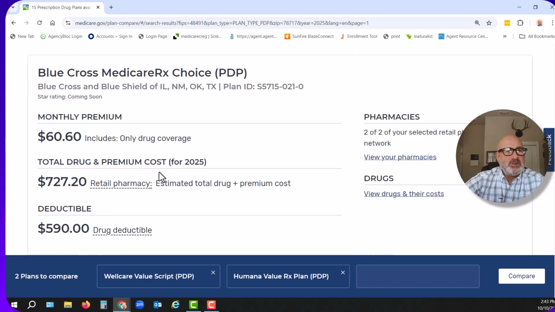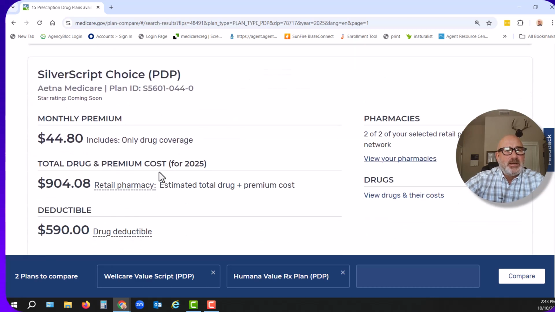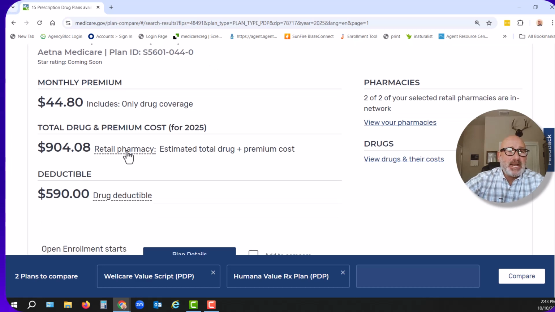I know a lot of you were on the Silver Script Saver plan, but that's gone away, okay? So they're going to roll you into this one plan they have if you don't do anything about it, and that means you're just going to throw away $904 in my situation if you don't do this, okay?